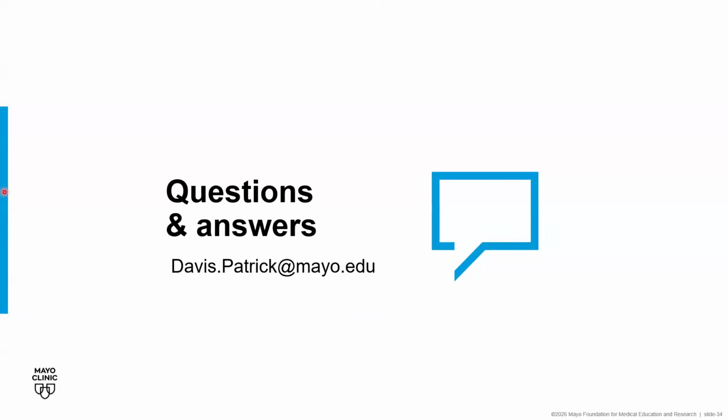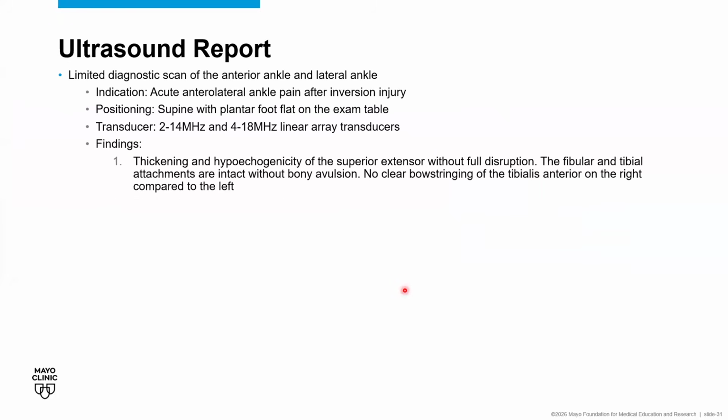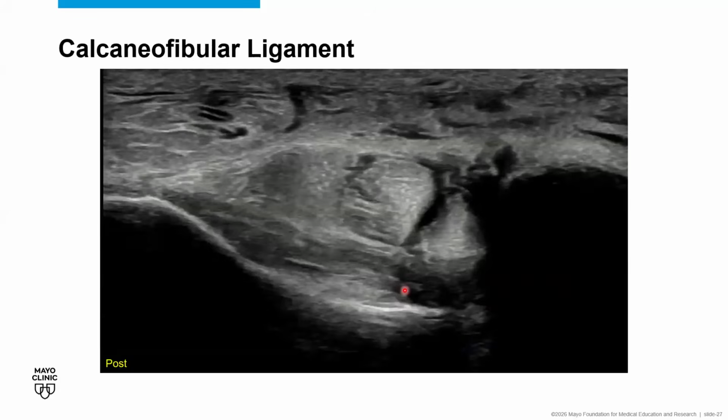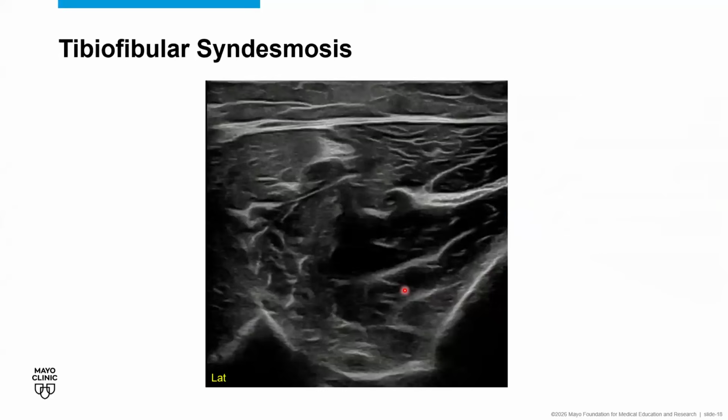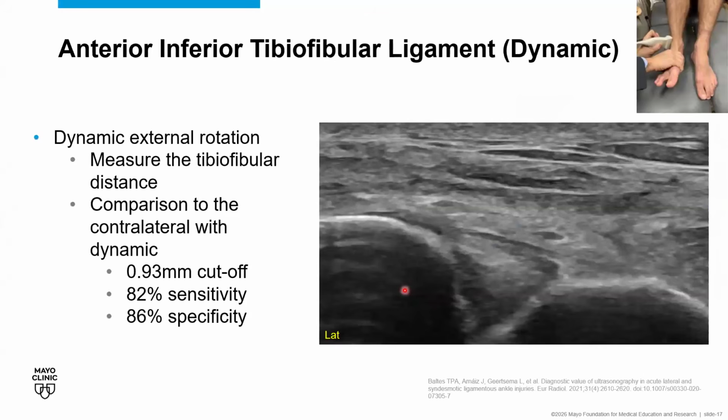Recently, we've been looking at that as well for some of the college football athletes here at Vanderbilt, and we found very similar measurements: a side-to-side difference of 1 millimeter as potentially abnormal and indicating an AITFL tear.